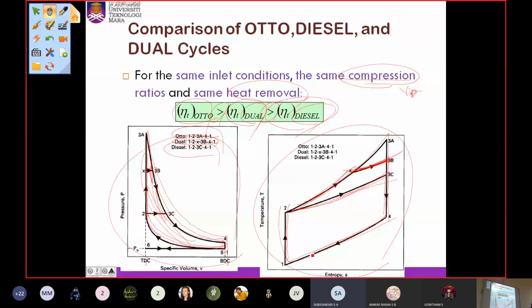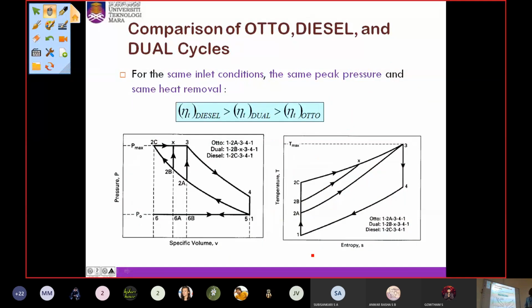So this is it, right? So we can compare the PV diagram and TS diagram for the same inlet condition, the same compression ratio, and the same heat removal. If you compare these three parameters, you will get the order as thermal efficiency of Otto, followed by dual, followed by diesel.